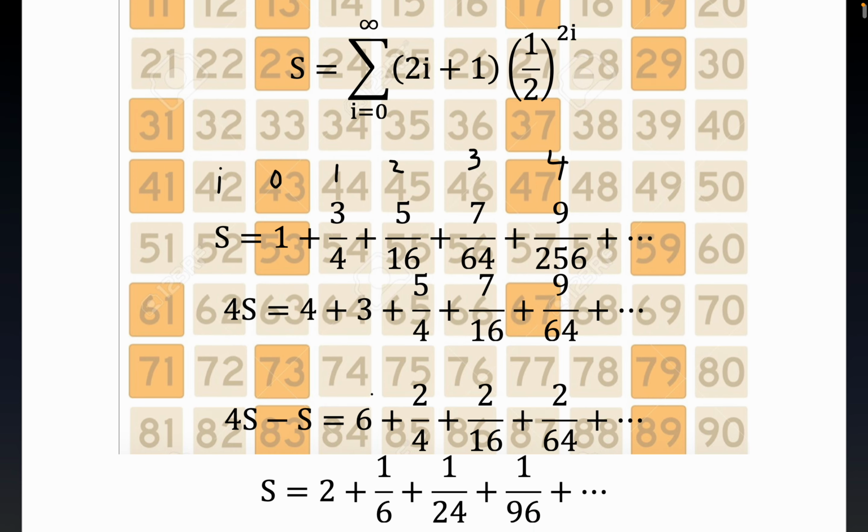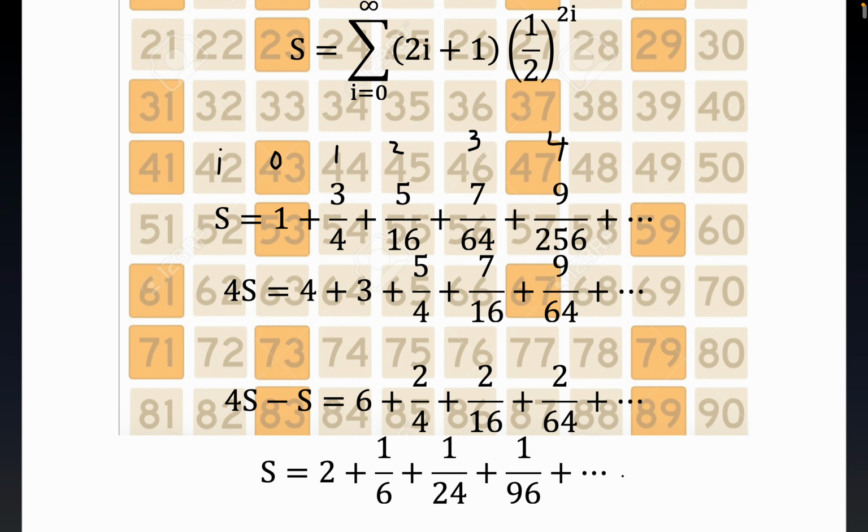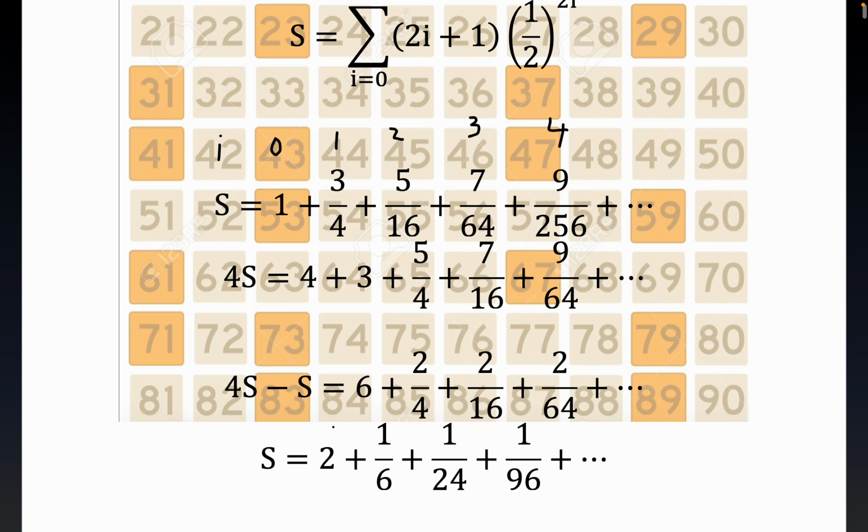Now, the goal is to do some manipulations that will get it to look like a geometric series. And that's what all of this does, folks. If you multiply S by 4, you get this statement right here. It's still not quite a geometric series because you can't multiply one term and get to the next term. For example, there's no fixed constant or common ratio that you can multiply.